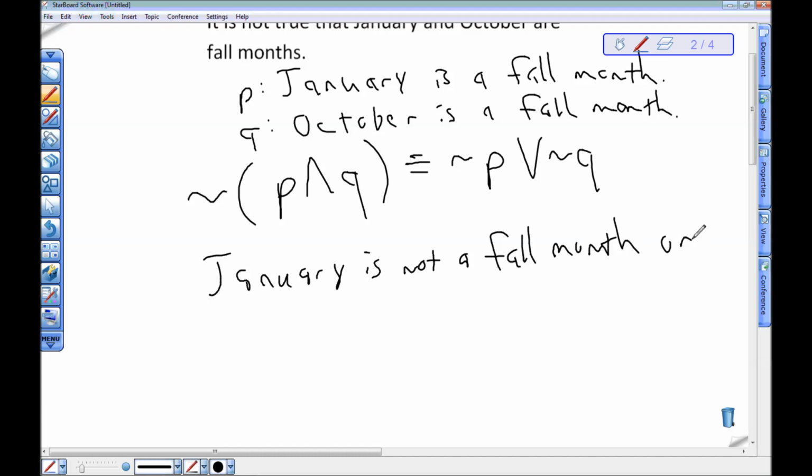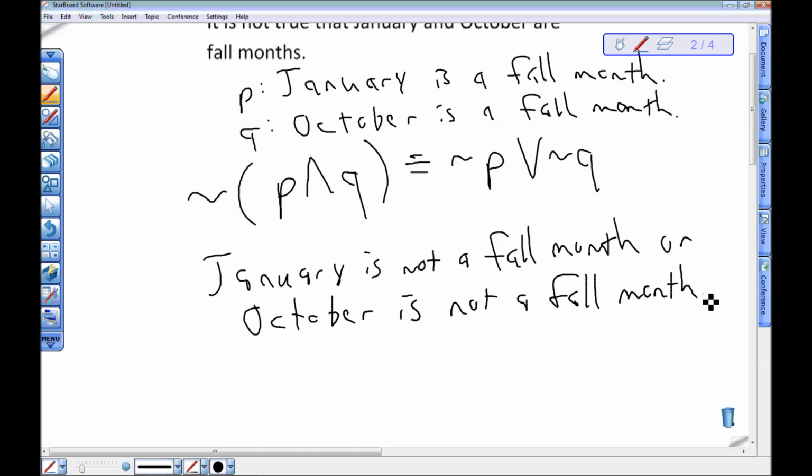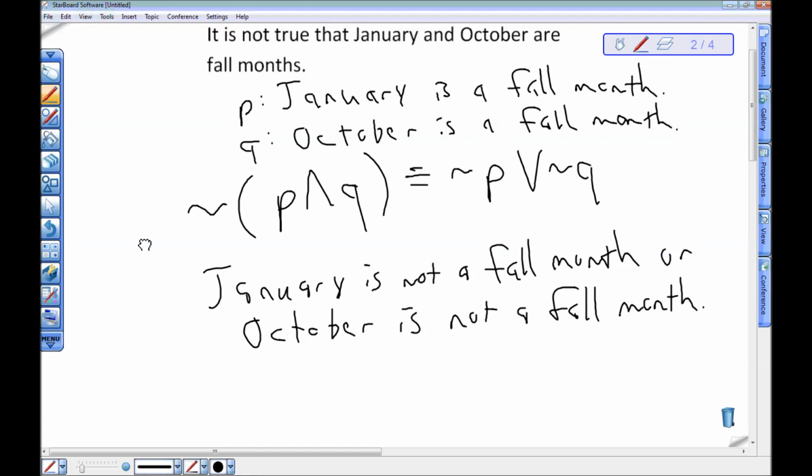Or, and then I have the negation of Q, October is not a fall month. And there I have it, a statement that is equivalent to it is not true that January and October are fall months: January is not a fall month, or October is not a fall month. Okay, that is how it is not true that changes this statement.